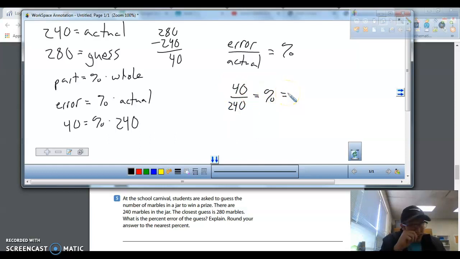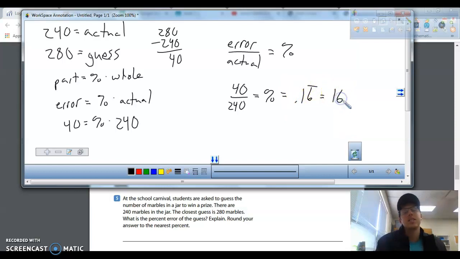Okay? Well, if you take 40 divided by 240, you get 0.16 repeating. And just the 6 is repeating, not the 1. Okay? So how do you change this to a percent? Well, right now it's a decimal, so we got to move the decimal 2 spots.